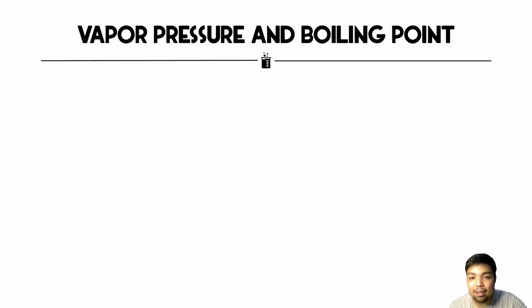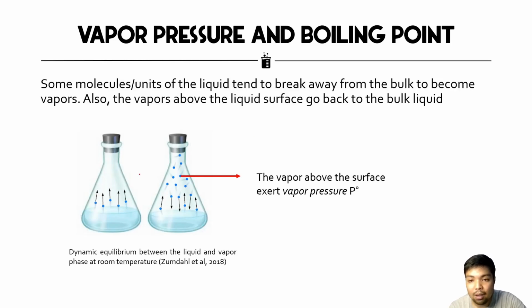If you can see here in our previous diagram, the ones that break into the gas phase are the liquid molecules on the surface. So why is that so? It is because the liquid molecules at the surface are the ones that feel the weakest intermolecular forces.